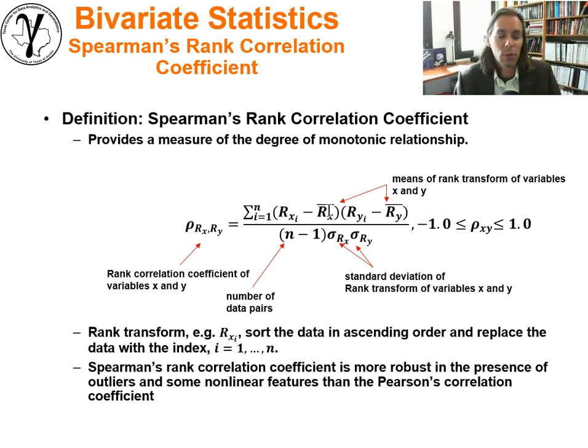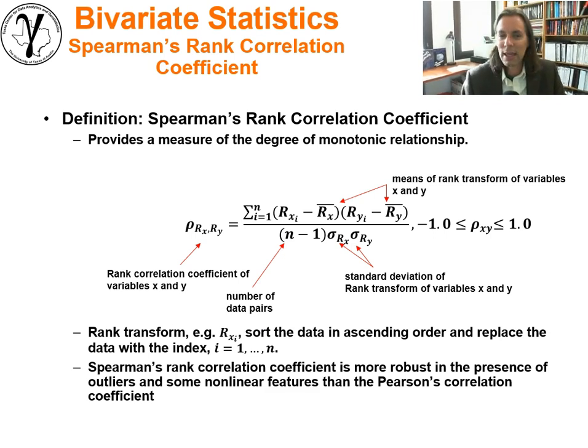And then you simply say the lowest value of all, that very low value, gets a rank of 1. The highest value gets a rank of n, where n is the number of samples. And so if I had 100 data, the value with the highest value for porosity, or whatever x might be, would receive a rank transform of 100. And the lowest value would receive a rank transform of 1.